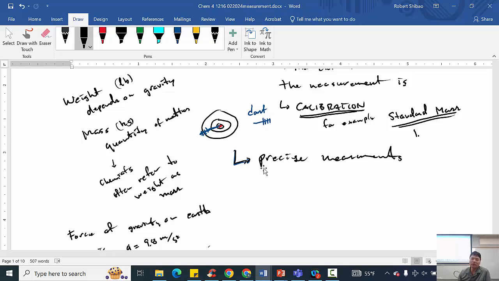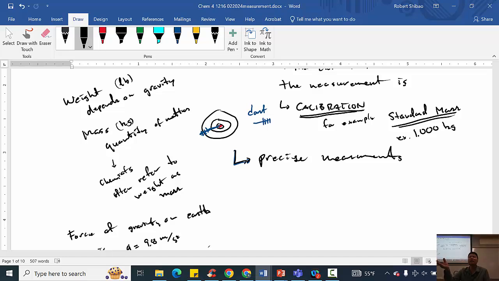We don't say 1 kilogram in science. We would say 1.000 kilograms. This would be an example of a standard mass. If we know that this object weighs 1.000 kilograms, we put it on the scale.